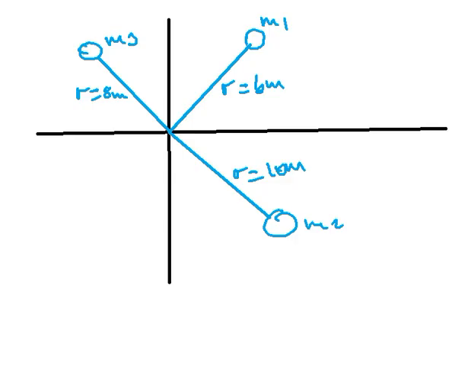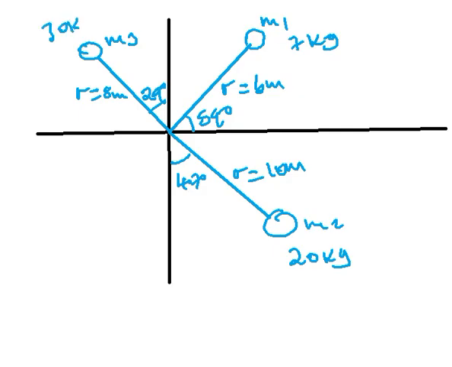Let's say this is the case, and that is at an angle theta given as 59 degrees. Let's say this is 29 degrees, and this is 47 degrees. And let's say mass 1 is 7 kg, mass 2 is 20 kg, and mass 3 is 30 kg.